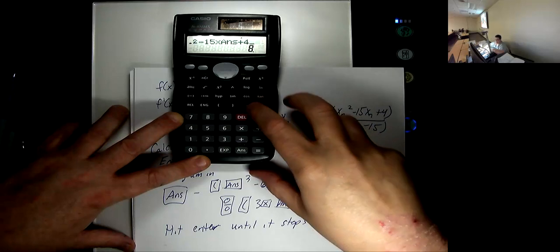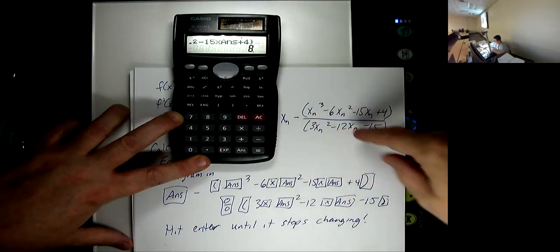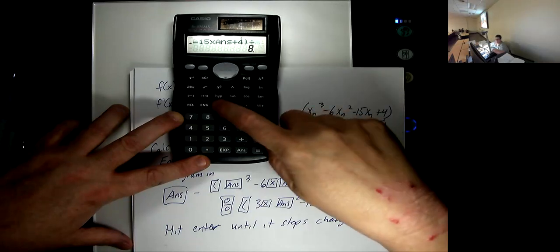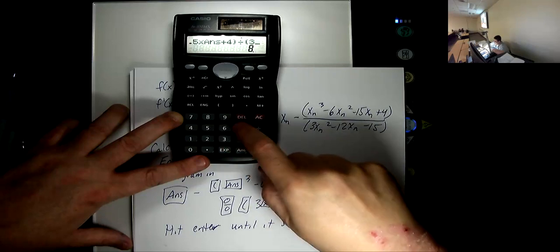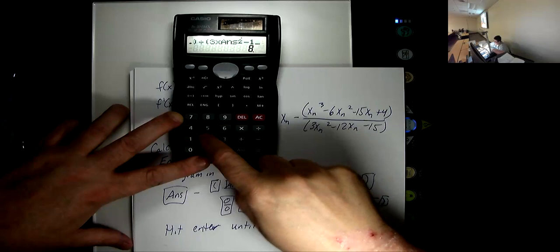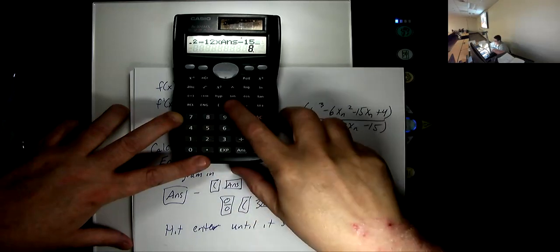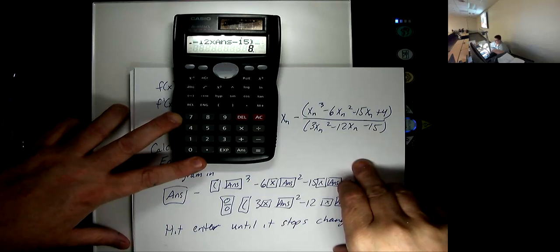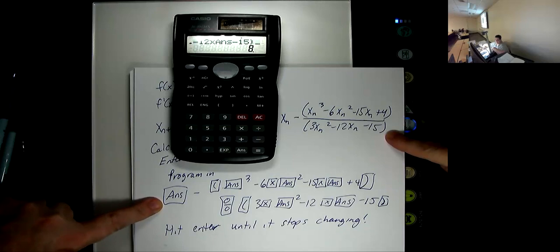I'll end the parentheses. And then I gotta do divided by the bottom. I've got 3 times answer squared minus 12 times answer minus 15 in parentheses. So I took this and I replaced x sub n with answer everywhere. And I put it in using parentheses to make sure order of operations happened.